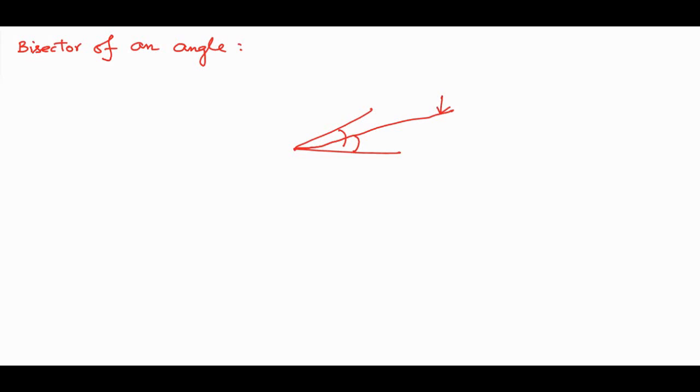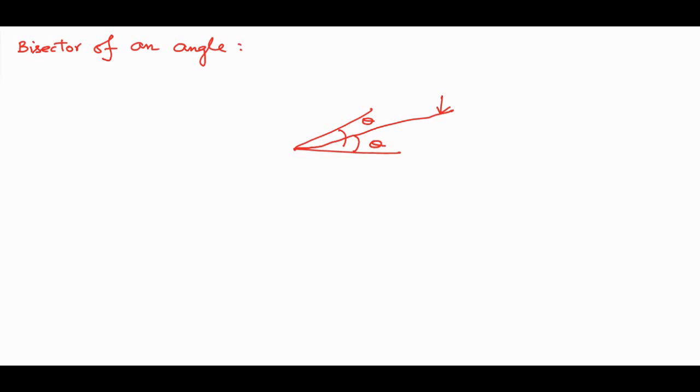This line is dividing the whole angle into two parts. If this is theta, this is also theta. Bisecting means dividing into two equal parts. So this is called the bisector of an angle.